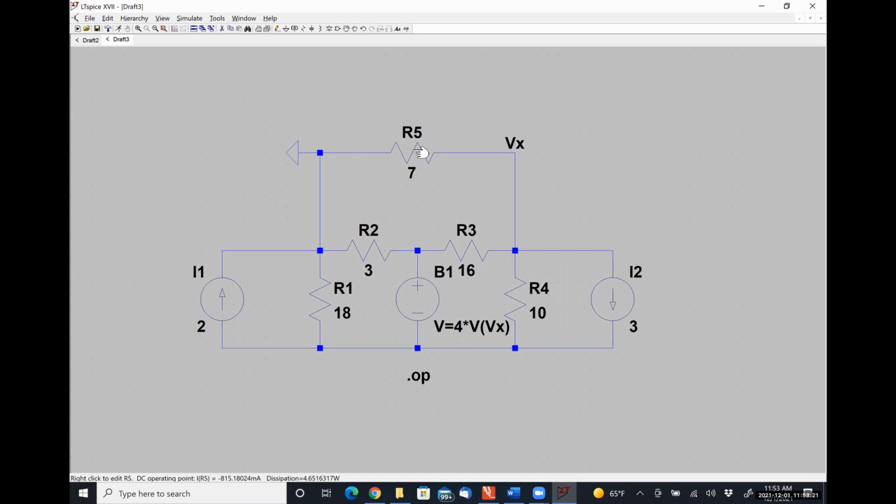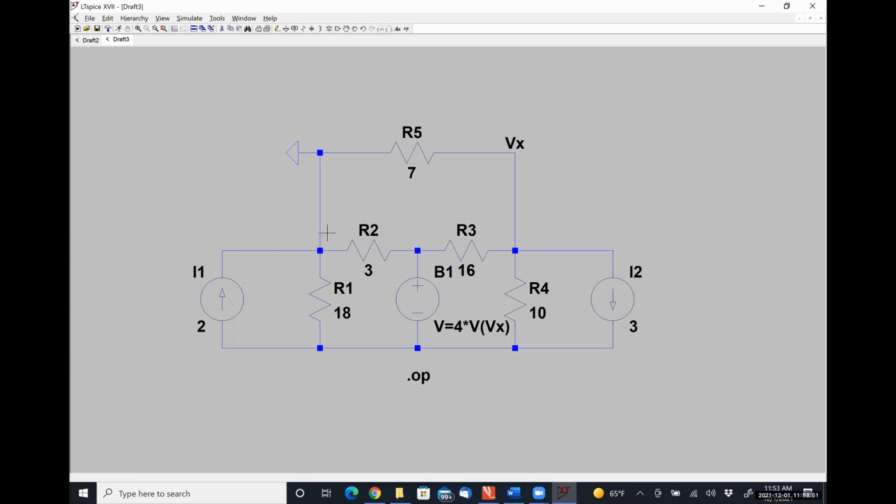So for instance, it says that at the DC operating point of this circuit, this resistor R5 is carrying a current of negative 815.18024 milliamps, and it is dissipating or absorbing 4.6516 watts of power. Now, unfortunately, with the DC operating point analysis, it does not tell us what the direction of the current is. I'll talk about how we can figure that out in a moment.